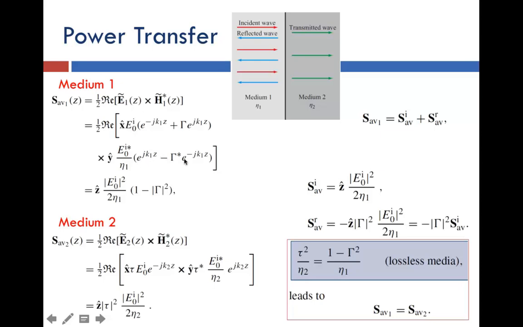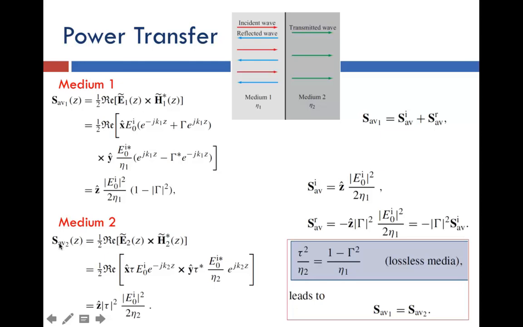We have to star the E here, and we have to star the gamma in this expression. When you do the algebra, you find that the average power is in the z hat direction. It's the incident wave's magnitude squared over 2 eta 1 times 1 minus the absolute value of gamma squared.